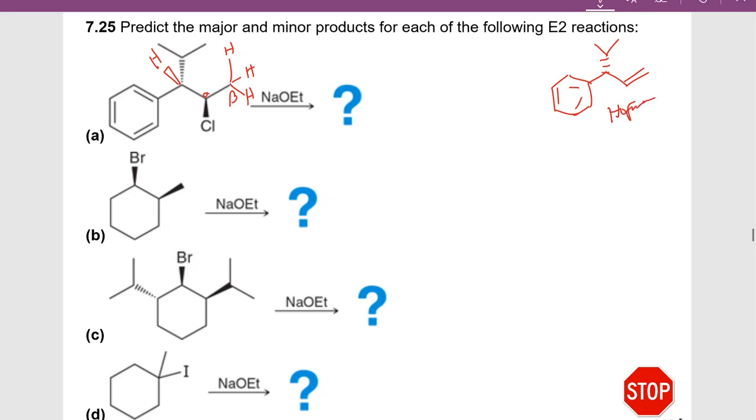All right, the other possibility is we can't have the same rotamer because we've got chlorine and hydrogen on the same side. We're going to have to rotate. If you want, you can draw a Newman projection here, but I'm not going to do that. I'm just going to simply say I know I've got to rotate about that bond to bring that chlorine back into anti to the hydrogen. And when I do that, it's going to make that methyl group cis to the phenyl group.